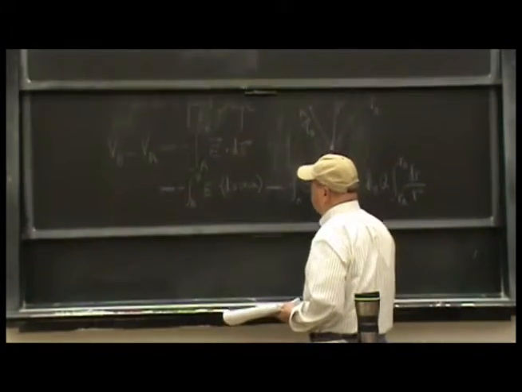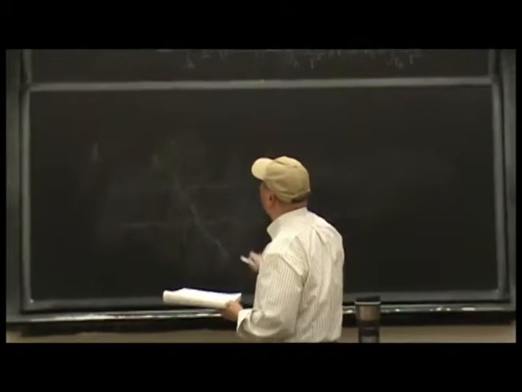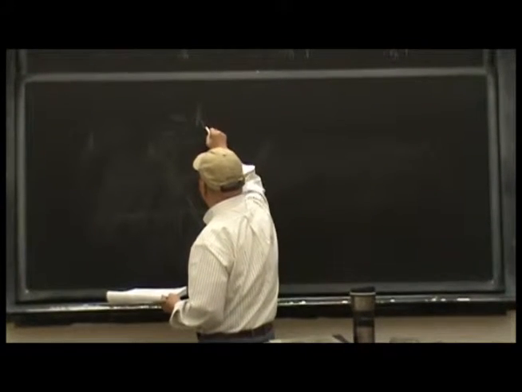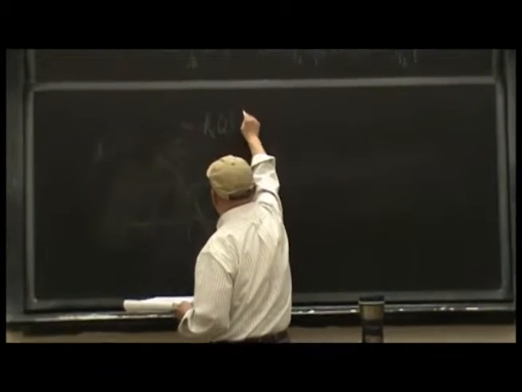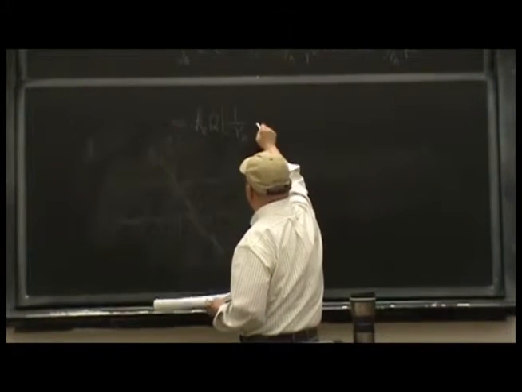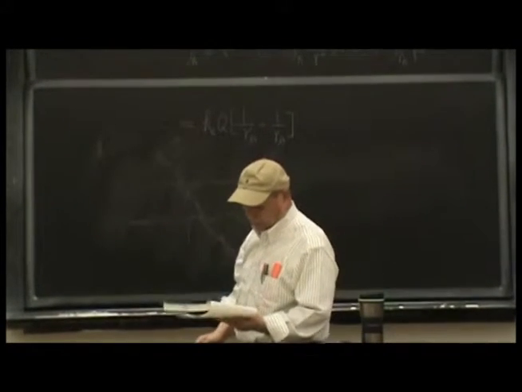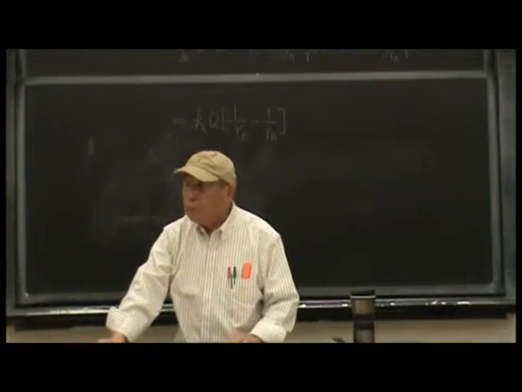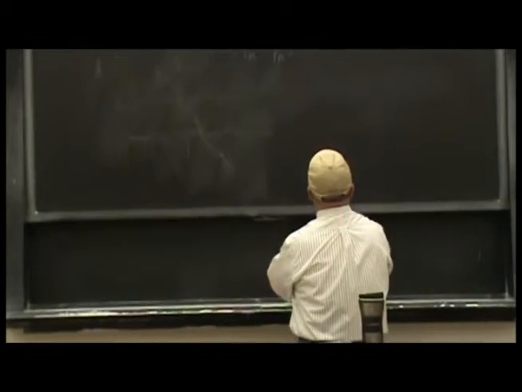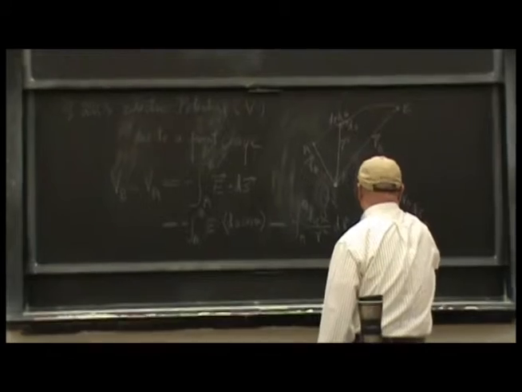Based on this simple integration, you get the following important result: k e Q times (1 over R_B minus 1 over R_A), because there's a minus sign in front. A student points out that on top, you can get rid of the minus. Oh, okay, sorry. Thank you.